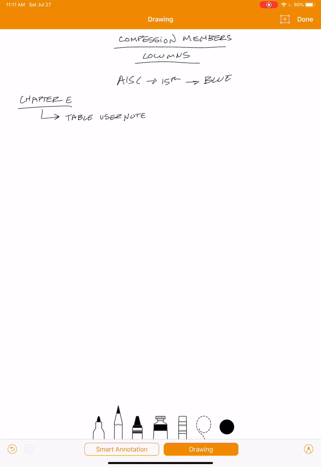So table user note E1.1 will direct you to the appropriate sections within chapter E to know which limit states you need to check.